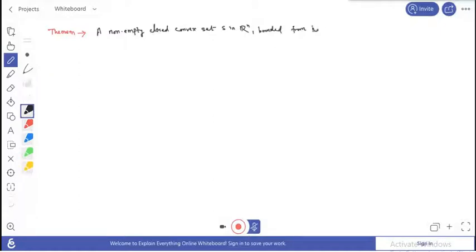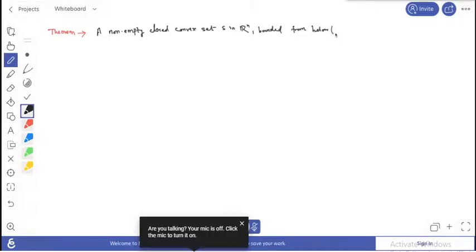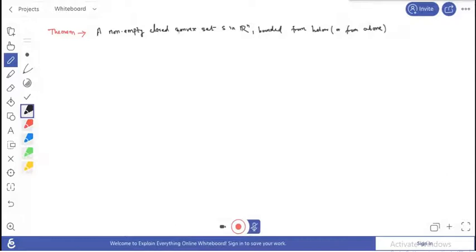If we say below or above, then we take both conditions, below or from above. So any non-empty closed convex set which is bounded from one side has at least one extreme point.